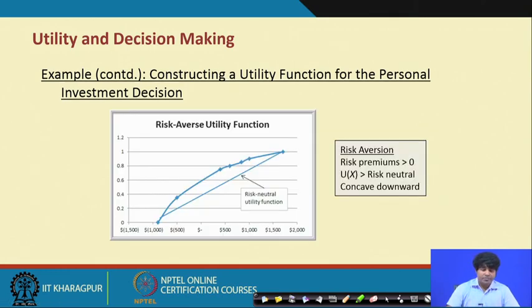So, now if you plot these, then you will find the structure will be like this. This will be the neutrality option, and this corresponds to the actual happenings.